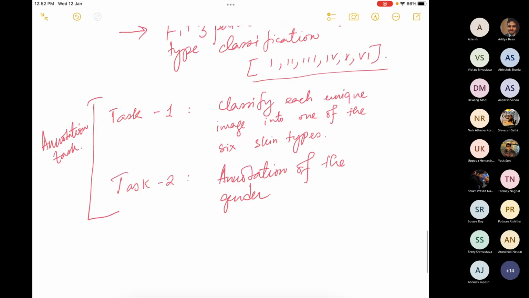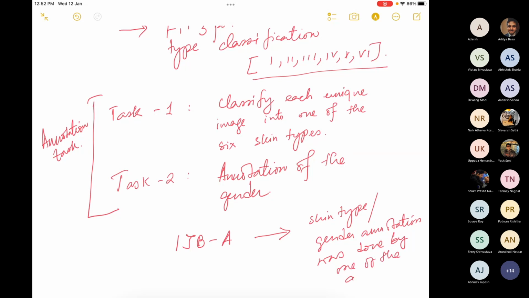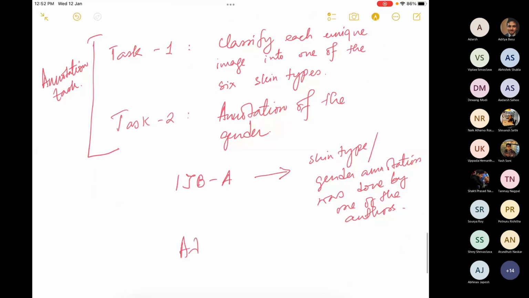For the first data set, the IJBA data set, the skin type as well as the gender annotation was done by one of the authors. For the other data set, since it is already a gender classification dataset standard, gender was already annotated.